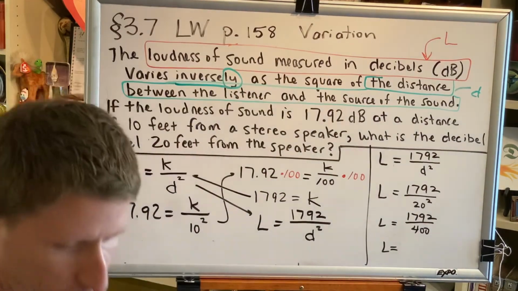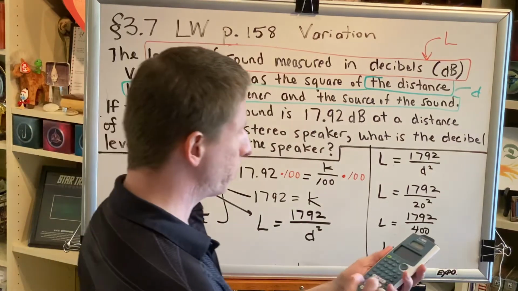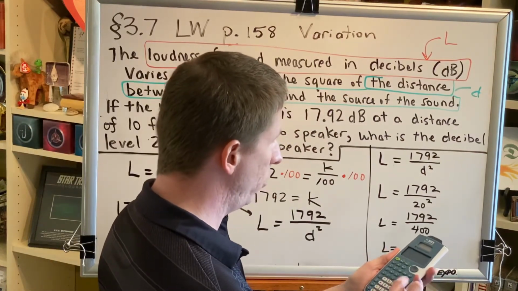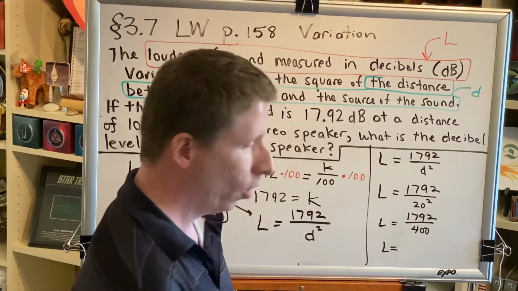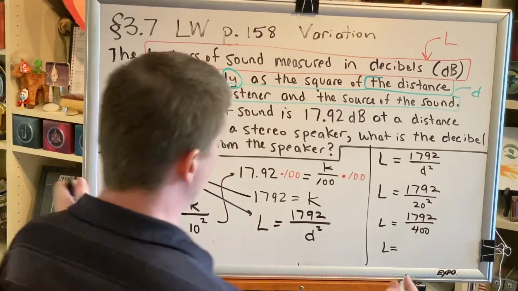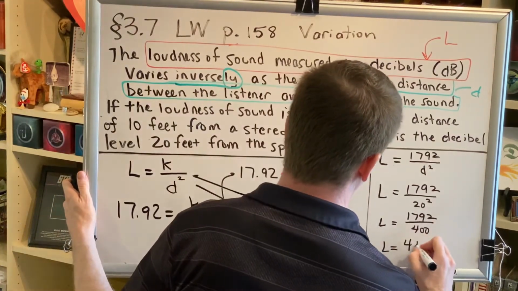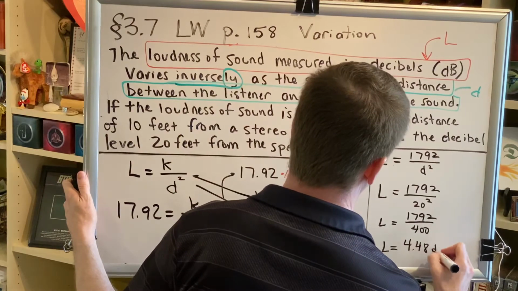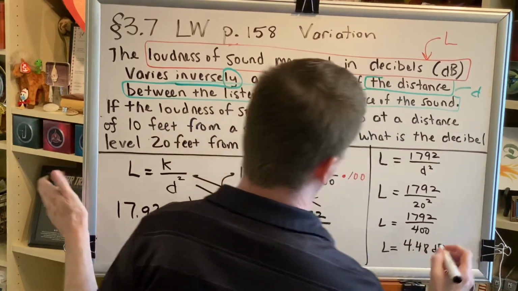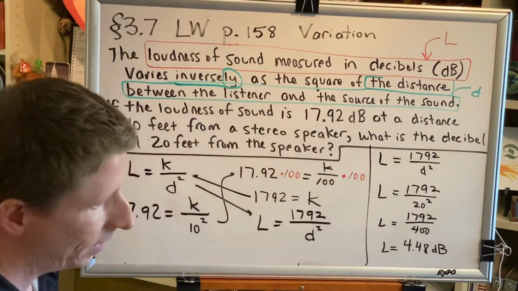So L is equal to 1792 divided by 400, 4.48. And because L is measuring loudness, we write that it's 4.48 decibels.